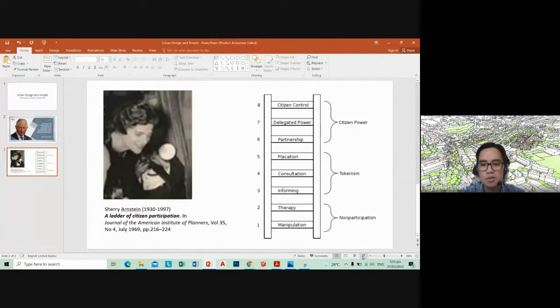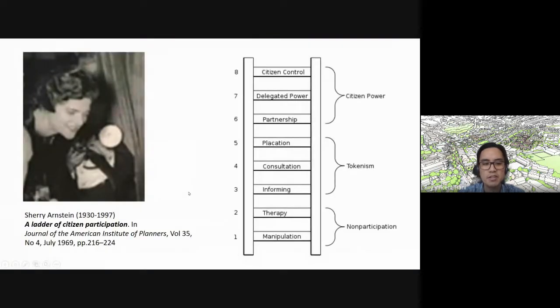This was first highlighted by a writer, Sherry Arnstein, in the 1969 publication of the Journal of the American Institute of Planners. And then they put over here that on the lowest level, non-participation and manipulation are the worst levels of citizen participation.